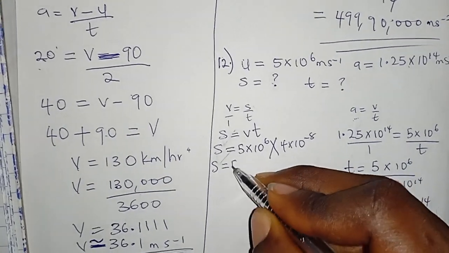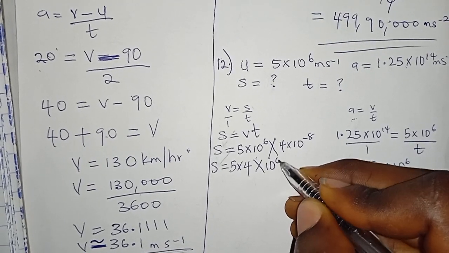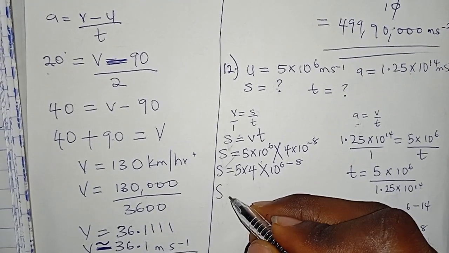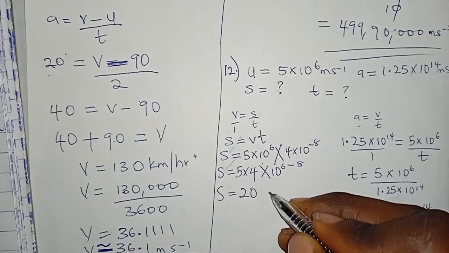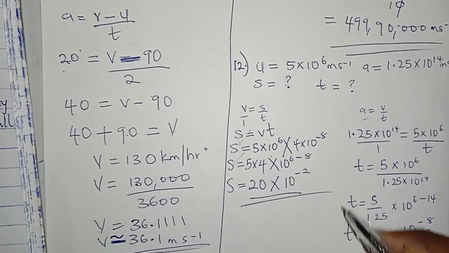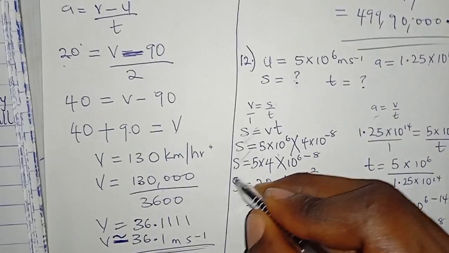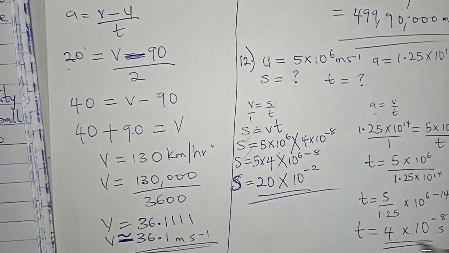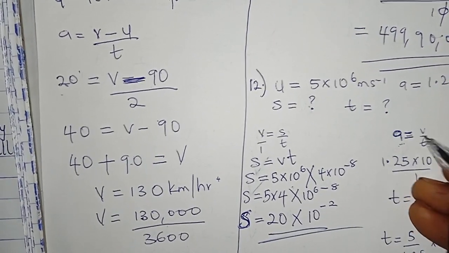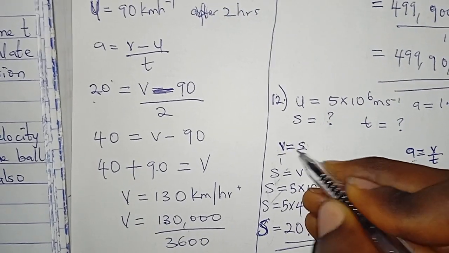S will be equals to 5 times 4 times 10 raised to the power 6 minus 8. So this is equals to 20 times 10 raised to the power minus 2. This is my final answer. So this is the displacement, the how far, S, and this is my time. So I simply got it by first doing A equals to V over T, then applying this one, very important.